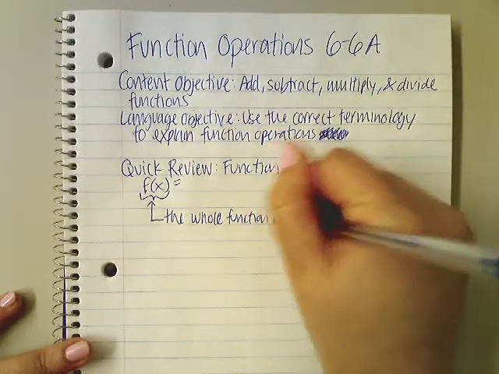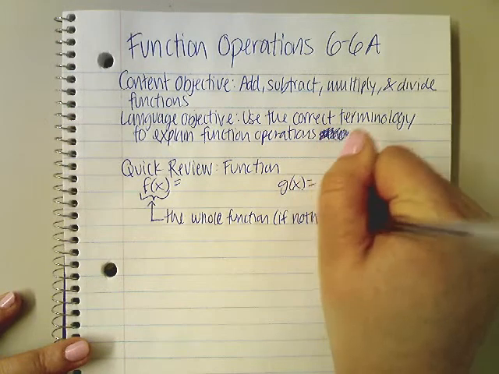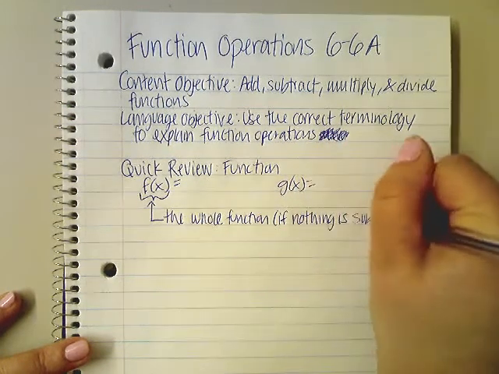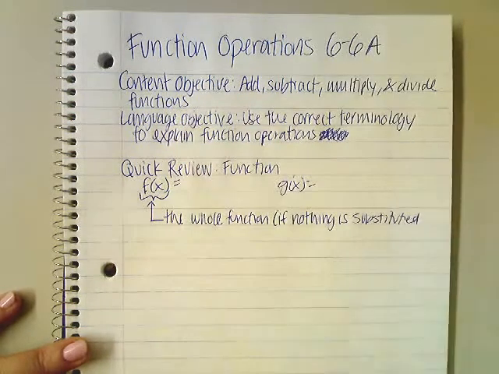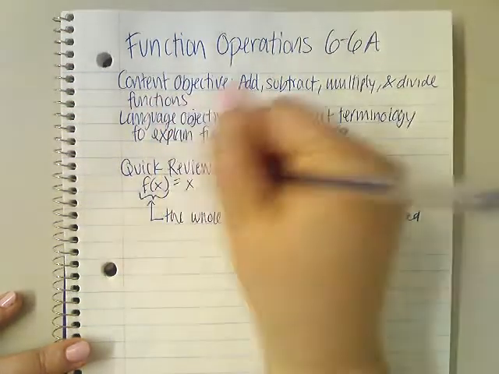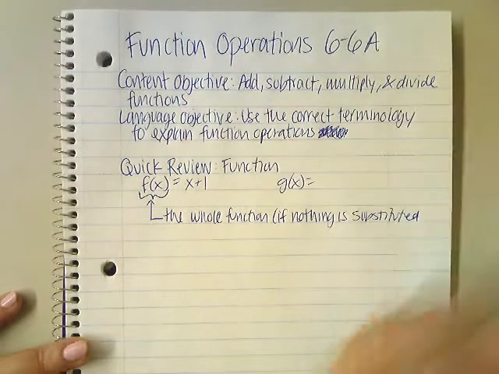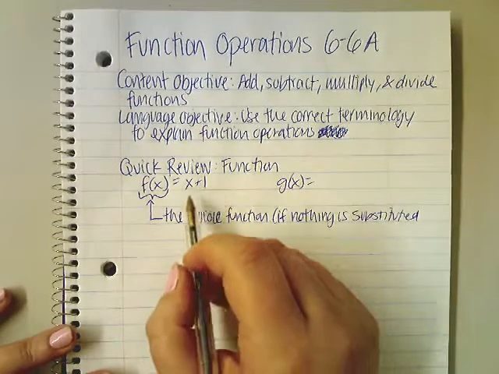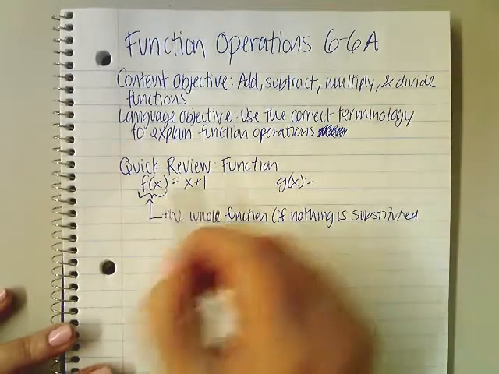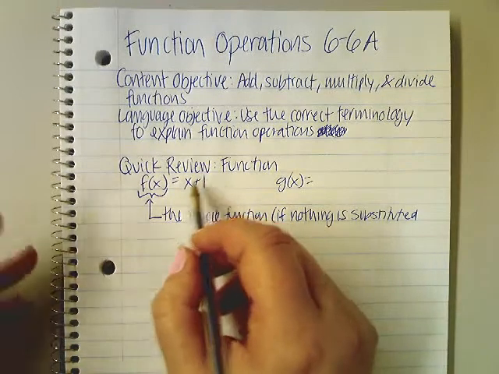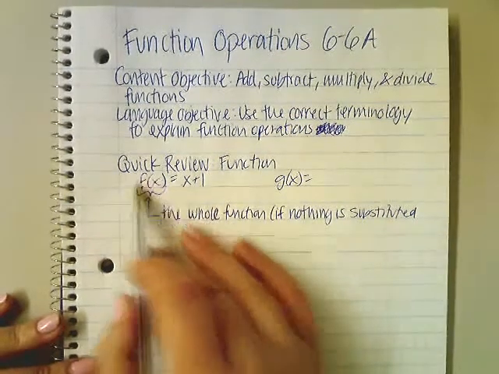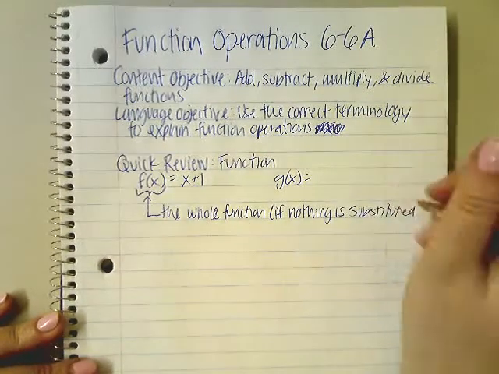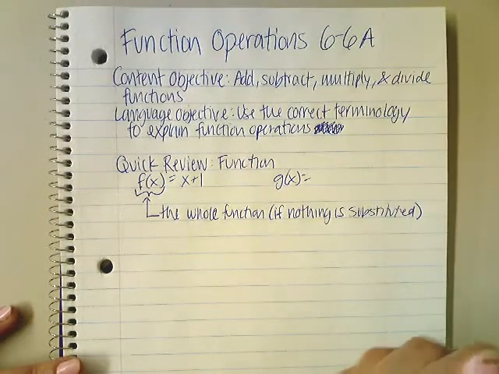So that's if nothing is substituted. So this could equal any function equation. It could be x squared plus 3, x plus 1, x minus 4, square root of x plus 16. But the point is, this represents the entire function when it's written like that, if nothing is substituted.